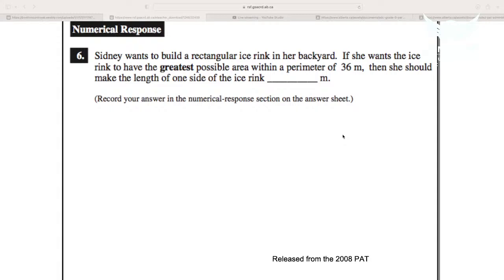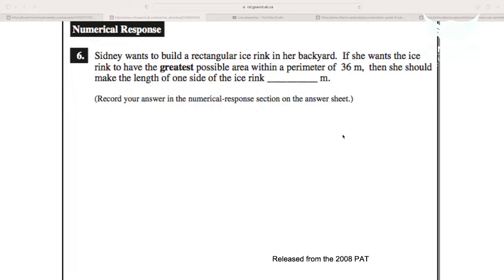Sydney wants to build a rectangular ice rink in her backyard. If she wants the ice rink to have the greatest possible area within a perimeter of 36 meters, then she should make the length of one side of the ice rink what? Okay, so let's think.